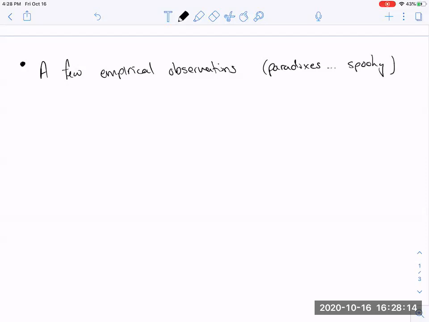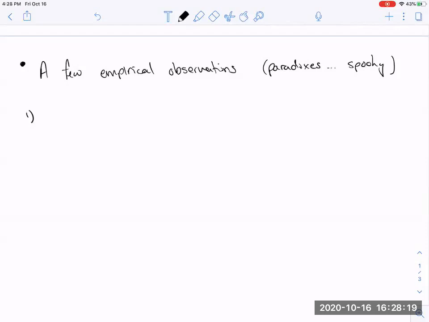So I want to state a few empirical observations, things that I like to think of as paradoxes that thermodynamics has. Okay, let's start with the first.